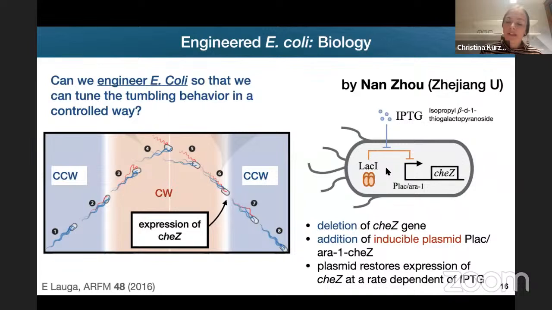What the plasmid does is the following: if the cells grow in a medium where IPTG is present, this plasmid restores the expression of cheZ, and the rate depends on the concentration of IPTG. Okay, so at the single cell level, this has been checked, and it seems indeed that the expression of cheZ can be tuned with IPTG.